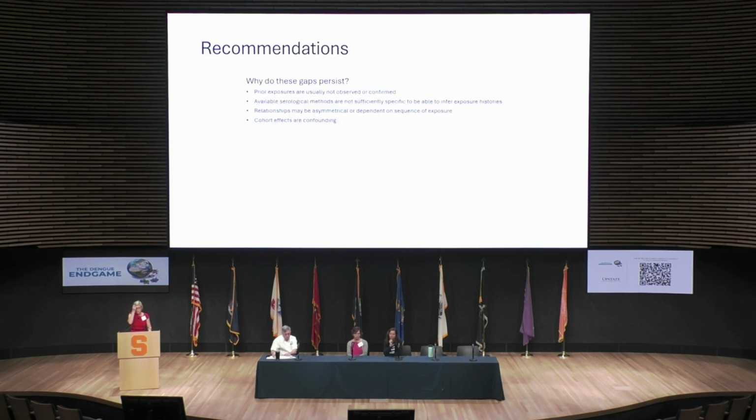So where do we go forward with this? Why do we still have these significant gaps in understanding the impact of non-dengue flaviviruses on subsequent dengue infection? The problem is, just like it is for dengue, that most of the time we are not able to confirm or observe what someone's been exposed to in the past.